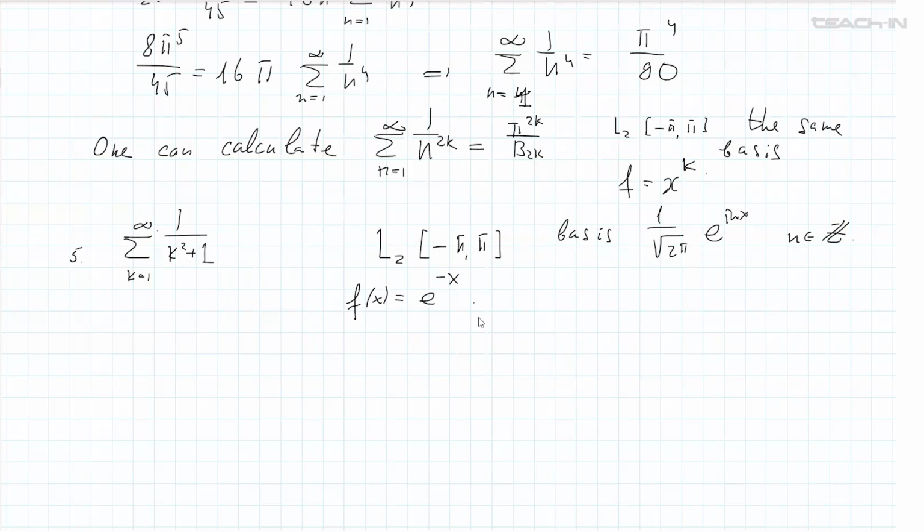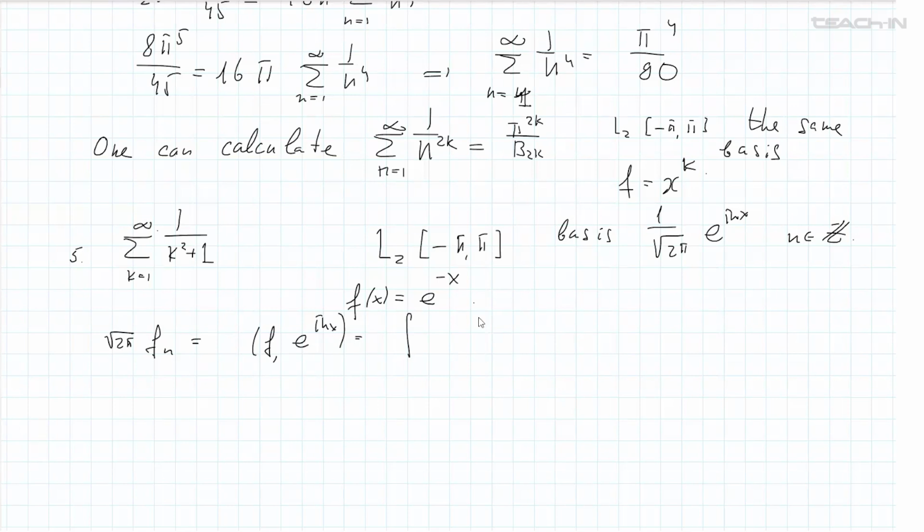Let's try to do it. So the scalar product of f with the square root of 2 pi times the basis function, without this factor, just with the exponent.